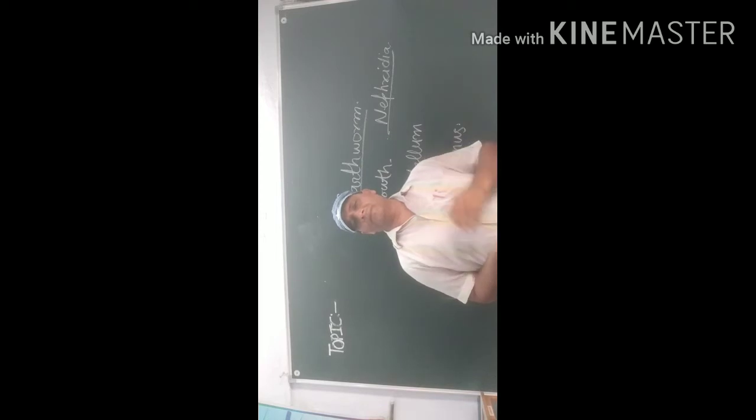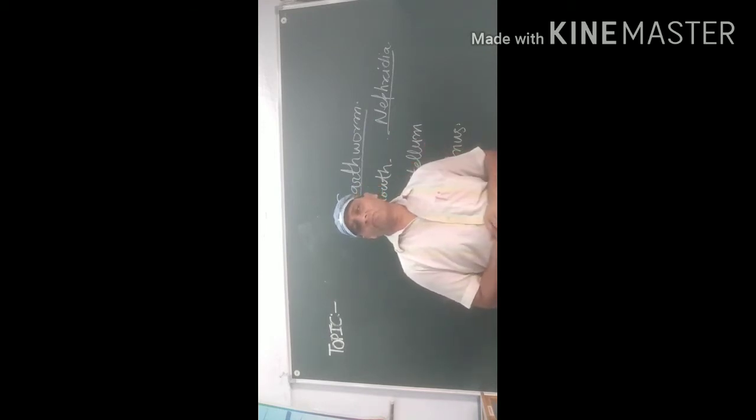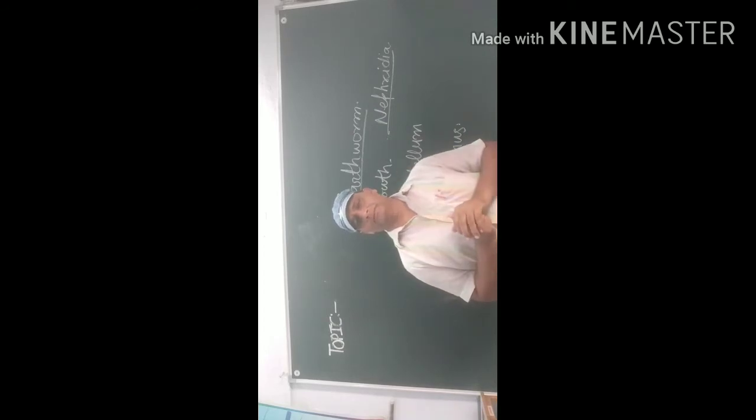Depending on their location in the body, they have different names: pharyngeal nephridia, septal nephridia, etc. Reproductive system. The earthworm is bisexual.